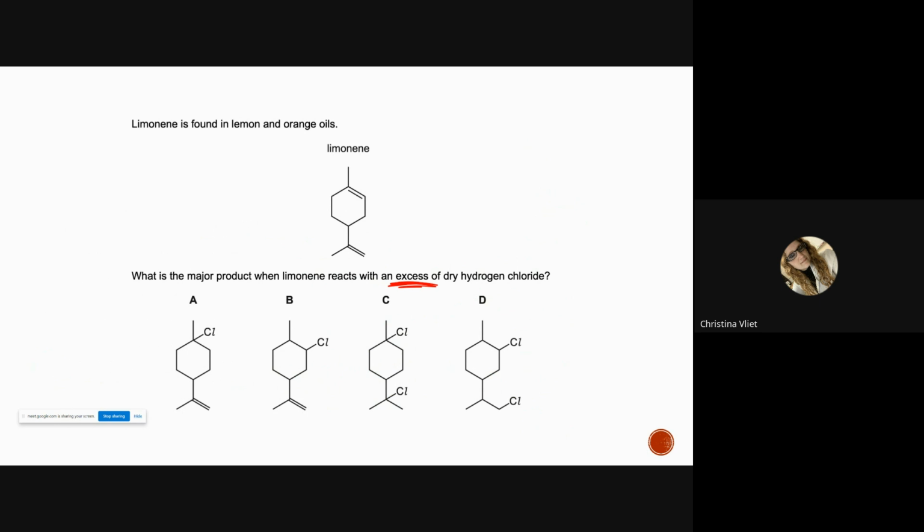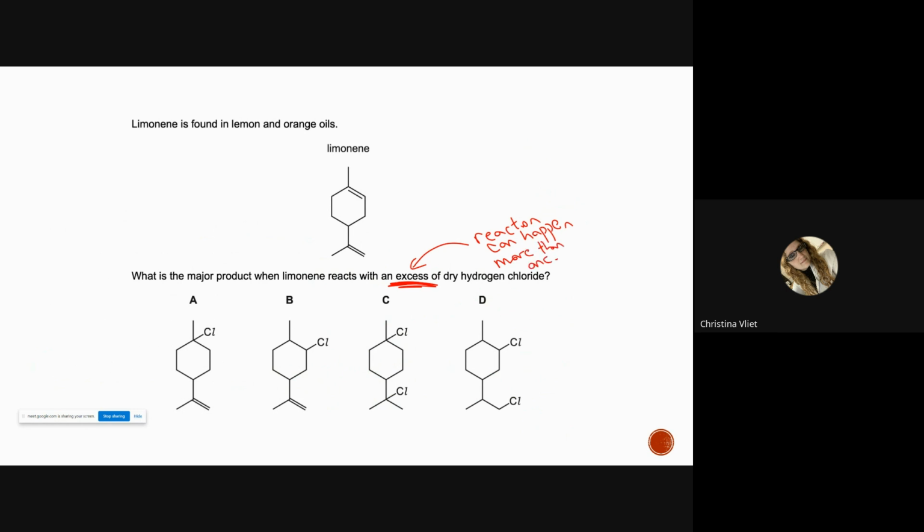that this was addressed. Excess means the following. The reaction can happen more than once. Wherever the opportunity to do the reaction is available, it's going to happen. So this means that reaction can happen more than once. What do I mean by that?